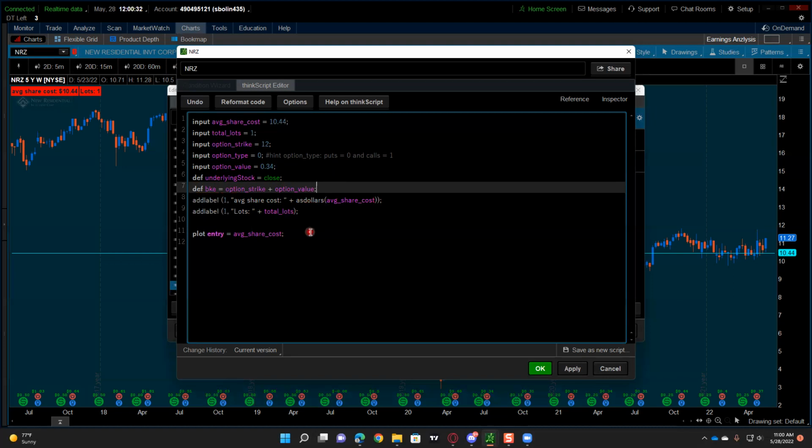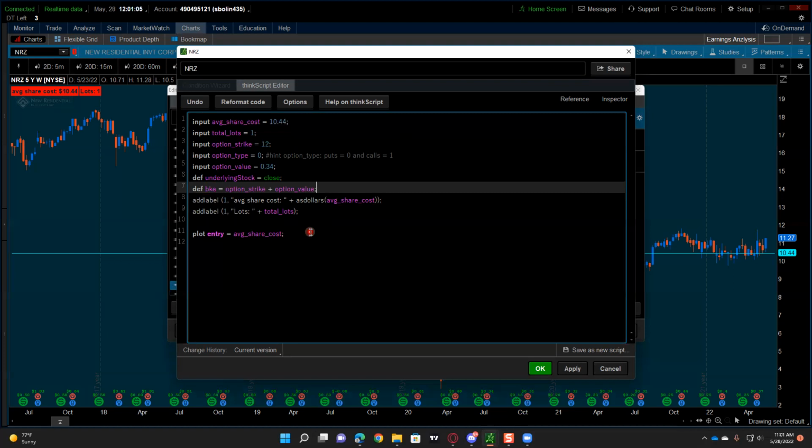Because if we sell a call, we are obligated to sell the stock at the strike that we sold at expiration if the underlying stock price goes higher than the call that we sold. But is that our break even? No, because we actually collected credit. So our real break even is the option strike plus the option value.